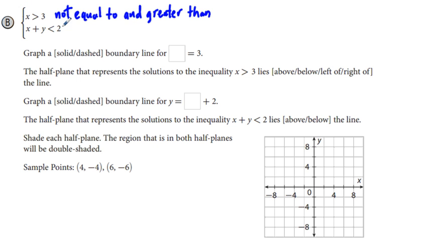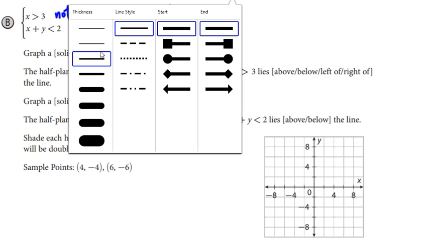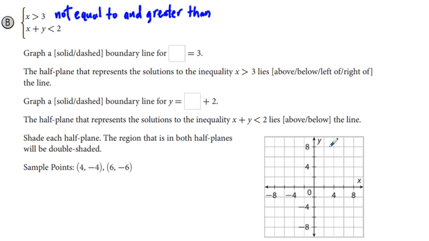Not equal to and greater than. So we go to 3, and these things go by 2. I'm going to go back and revert to this line here, and I'm going to fix the dashed line. And so not equal to, this little dashed line here, vertical.